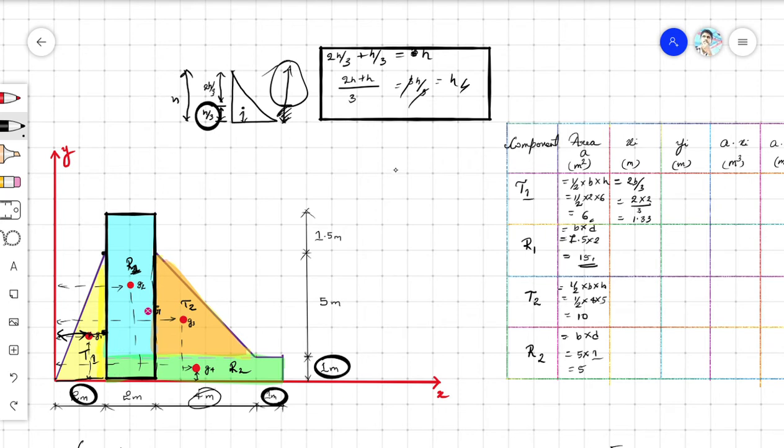So that is a small difference. Once you practice, you will understand that. So over here it is h by 3, that is 6 by 3, that is 2.